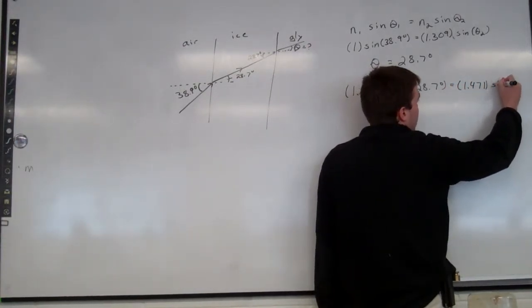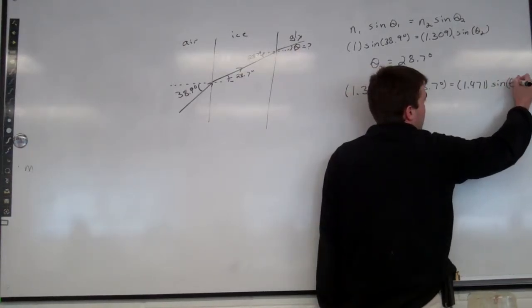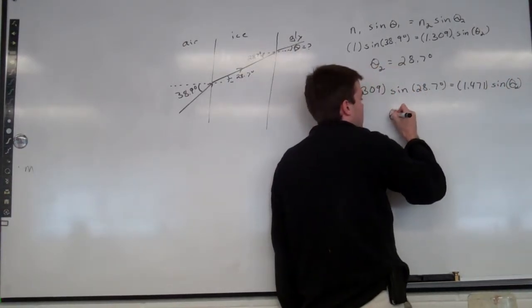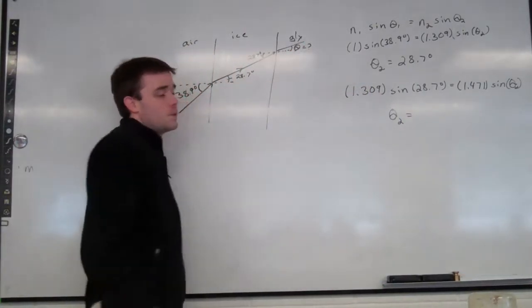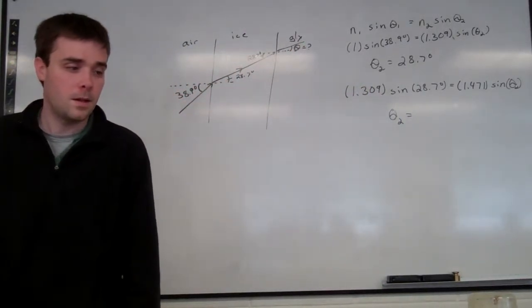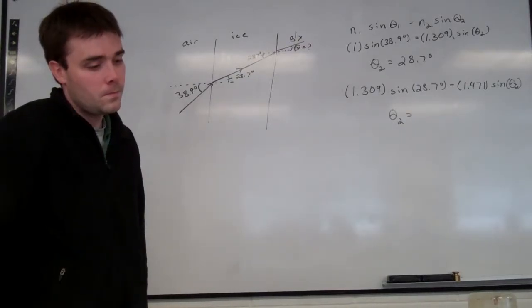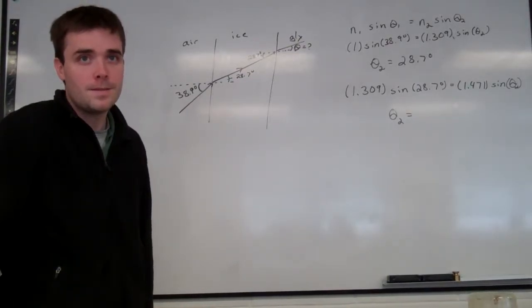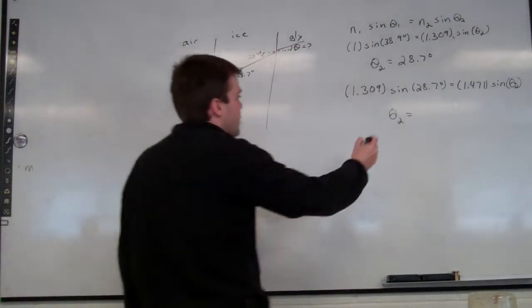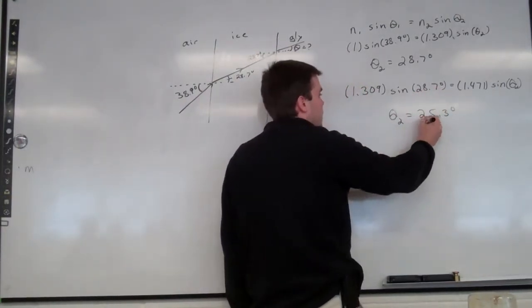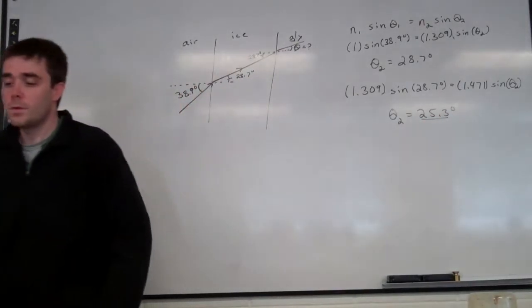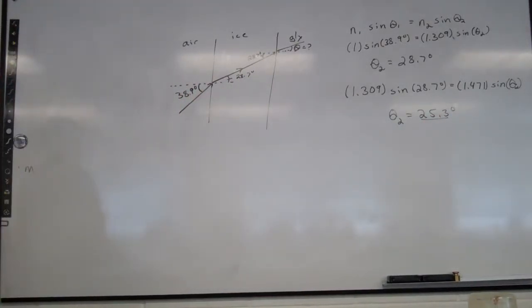Times sine of theta 2. This is what we're finding right now, so that's our final answer: 25.3 degrees. Questions about that one? You guys understand what went on there?